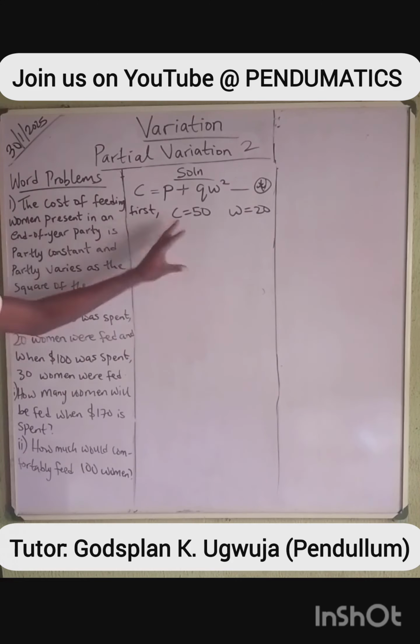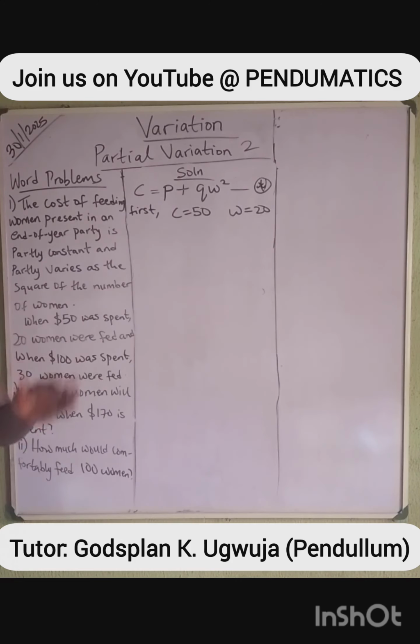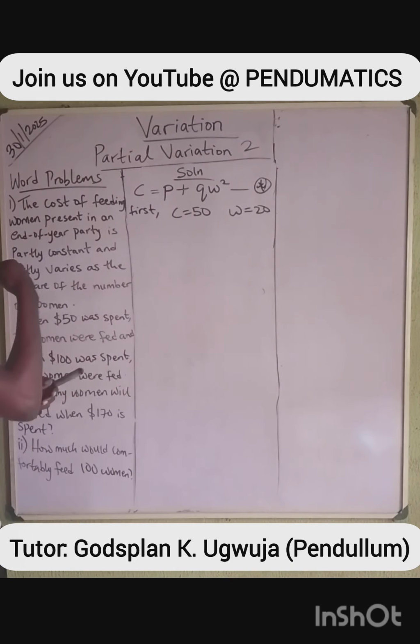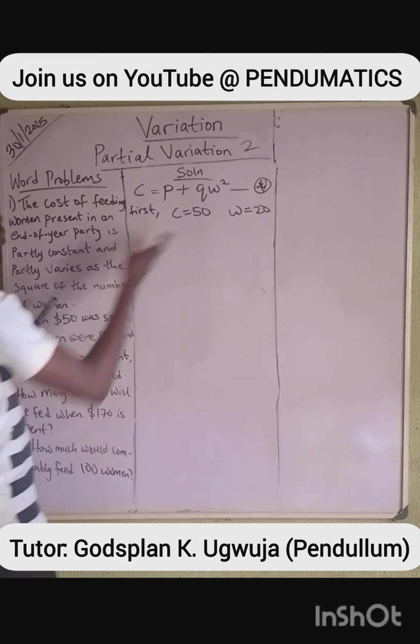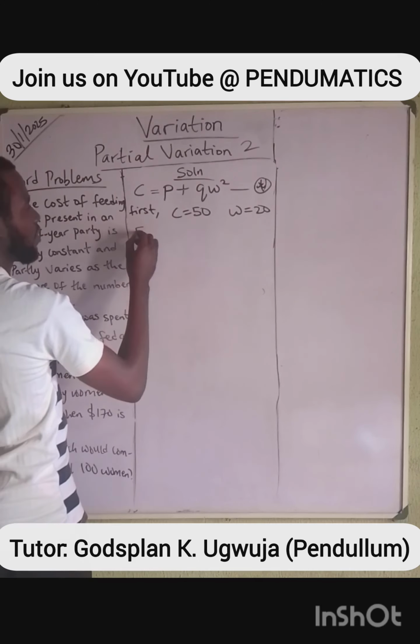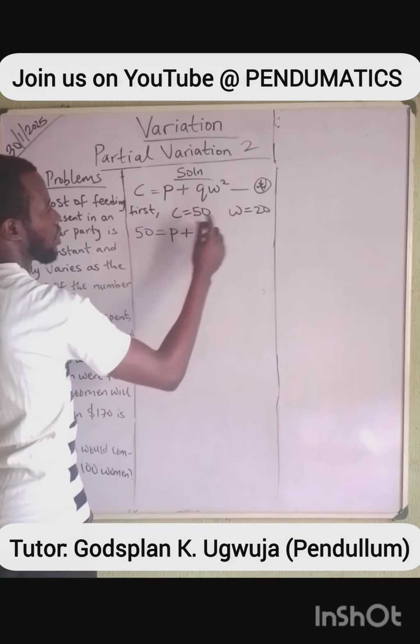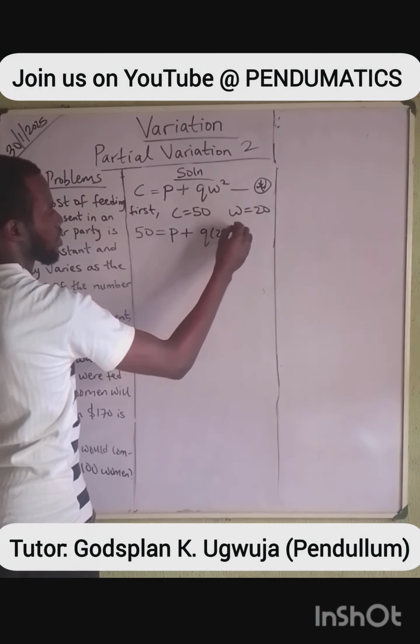Forget the English, translate it into mathematics and do what you already know should be done. So don't see a question like this and allow it to scare you. There's nothing there. The same way we solved the question in the last video, in part 1, the same way we are doing this, we'll substitute this here. And we have that 50 is equal to P plus Q times 20 squared.